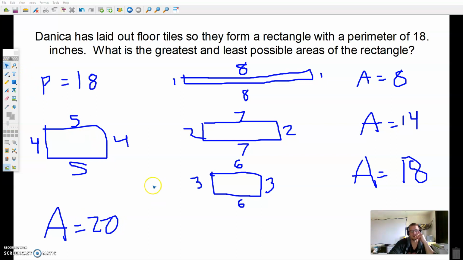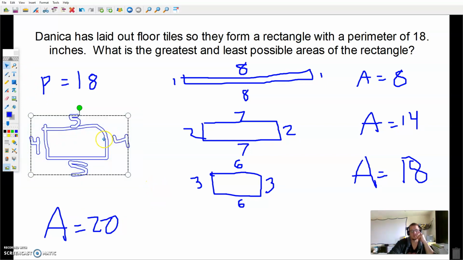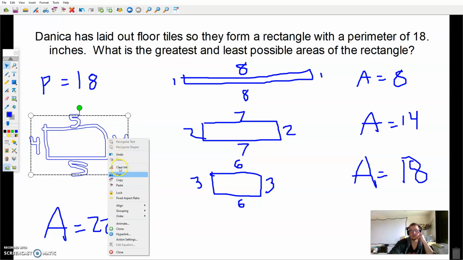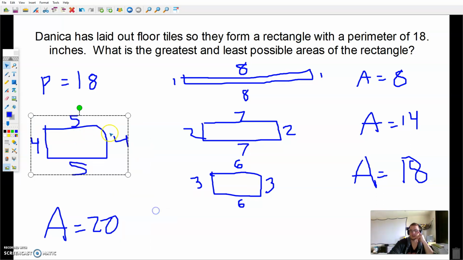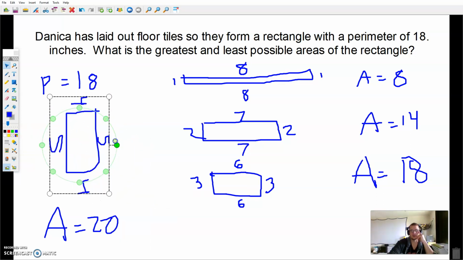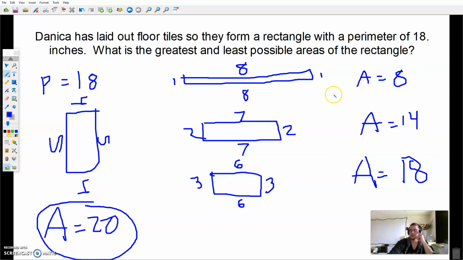The next thing you know, we're basically to the point now that we're just rotating these. So suddenly I'm dealing with a rectangle that's 5 by 4, or 6 by 3, or 7 by 2, or 8 by 1. So our largest area for a perimeter of 18 would be 20, and our smallest would be 8.